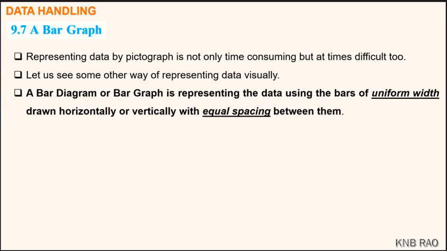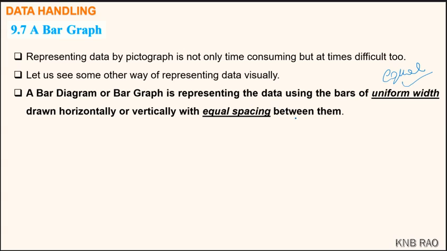A bar graph, also called a bar diagram, means representing data using bars of uniform width. Uniform means equal width. The bars are drawn either horizontally or vertically with equal spacing between them.